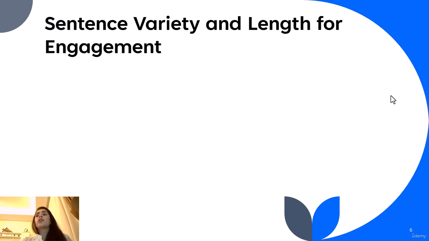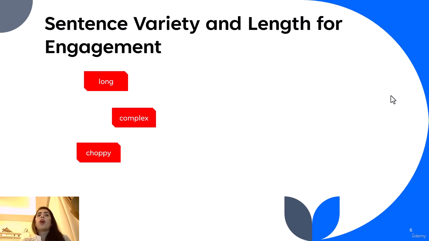Now let's talk about sentence variety, an area where you can really show off your grammatical range. Using a mix of short and long sentences can make your writing more engaging and dynamic. For example, if all your sentences are long and complex, the reader may struggle to follow your argument. Likewise, a series of short, simple sentences can make your essay sound choppy or underdeveloped.